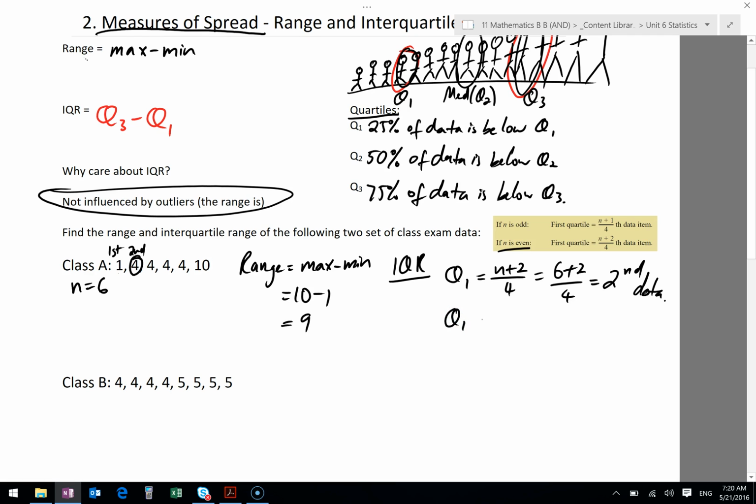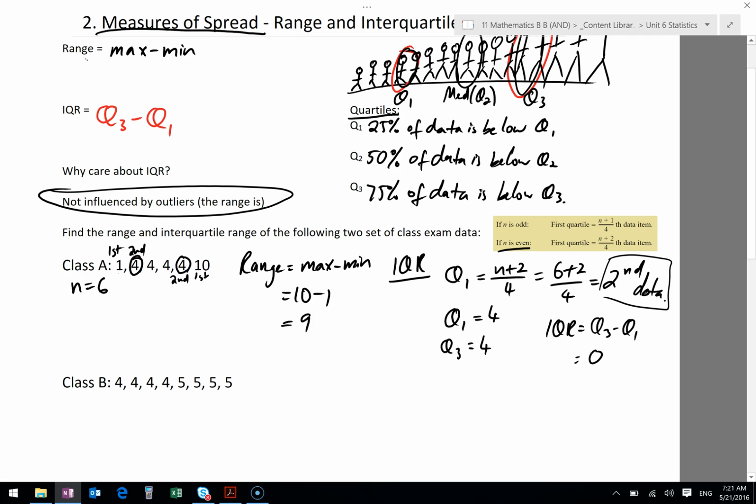So Q1 is 4. To find Q3, I use the same idea, the second data point, but I count from the right hand side. So I'll say first, second, there it is. Q3 equals 4. So my interquartile range will be Q3 minus Q1, interquartile range of 0.